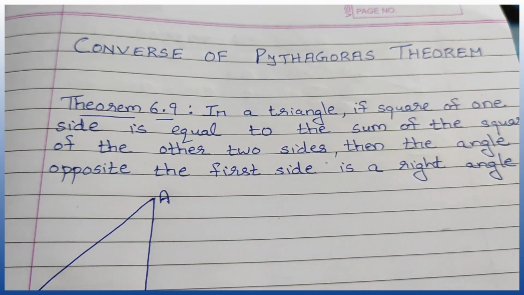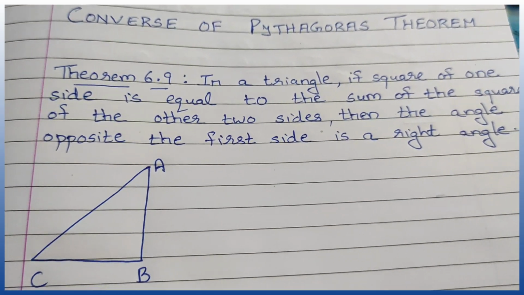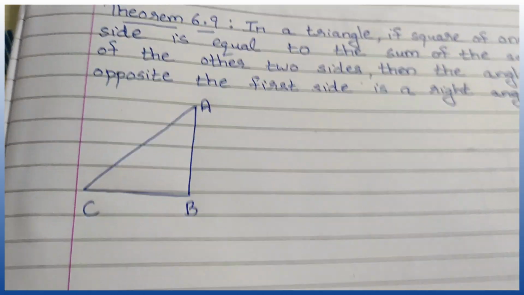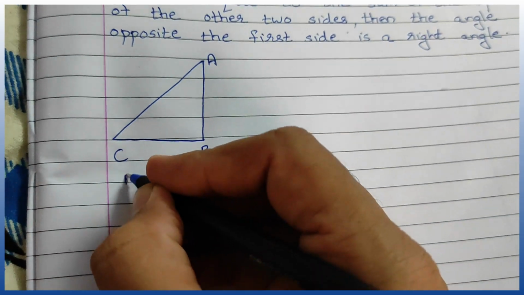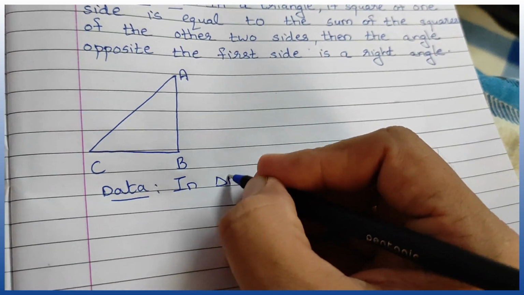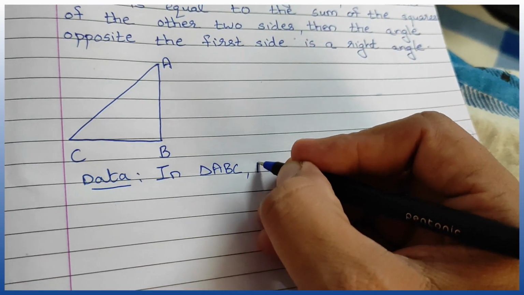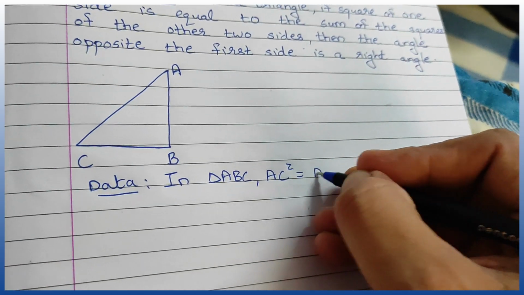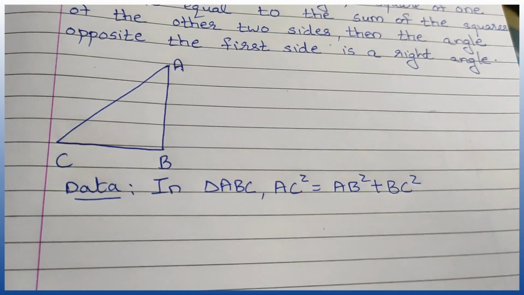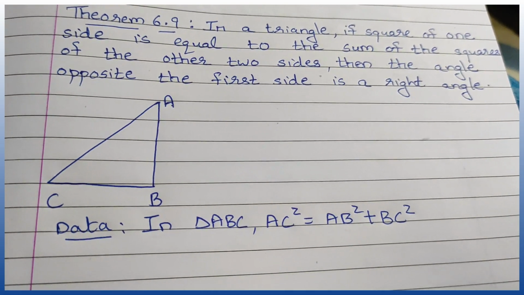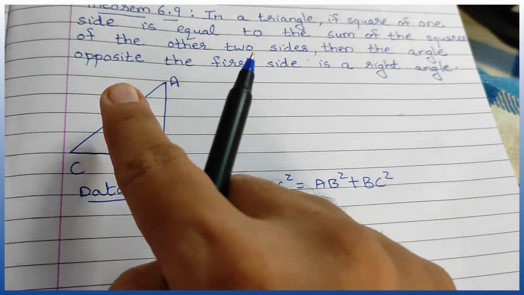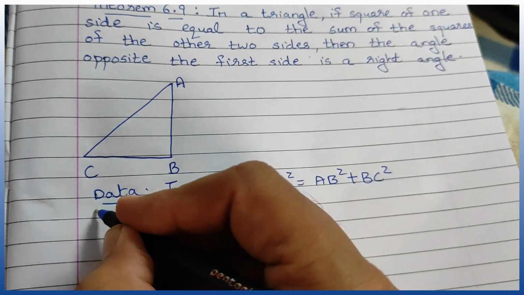So, according to the converse of Pythagoras Theorem, if you have a triangle ABC, and if in this triangle the square of any one side is equal to the sum of squares of the other two sides, then the angle opposite to the first side, meaning the angle opposite to AC, is a right angle.